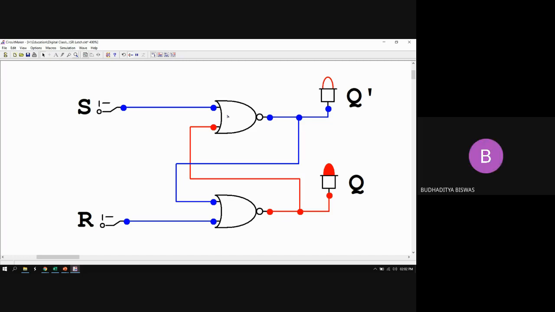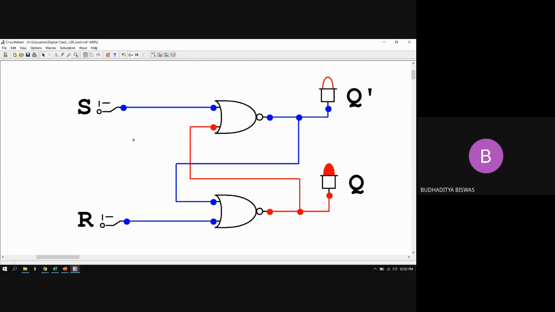Both the inputs are low, then only the output is high. Very good. Otherwise, it is actually adding the two inputs and then taking the complement. So if any input has 1, then the output is definitely 0. To make the output high, both the inputs should be 0. This is the correct property of the NOR gate.